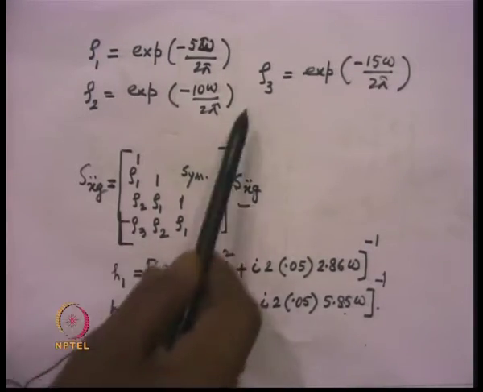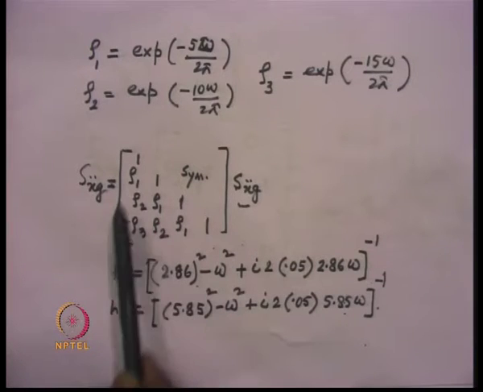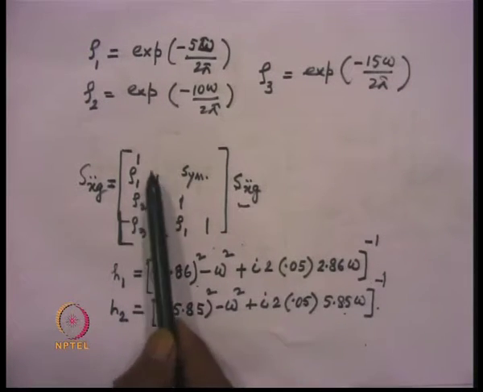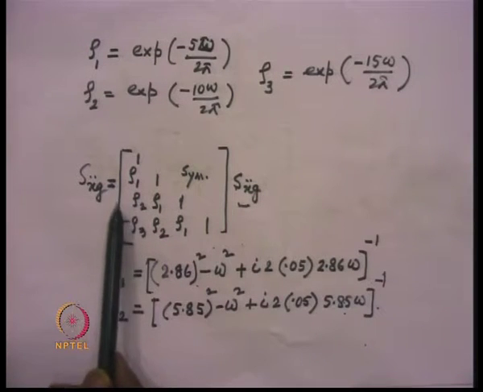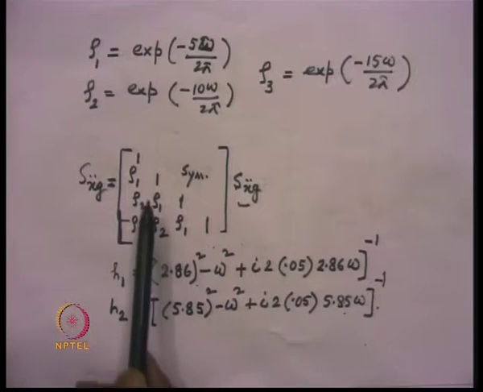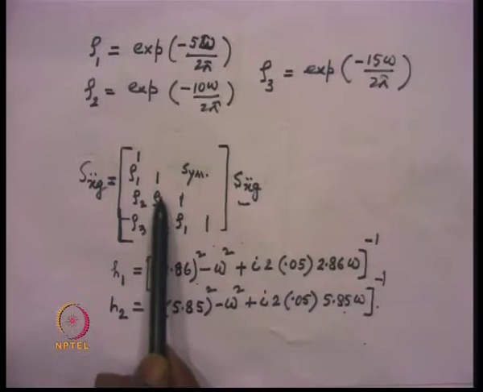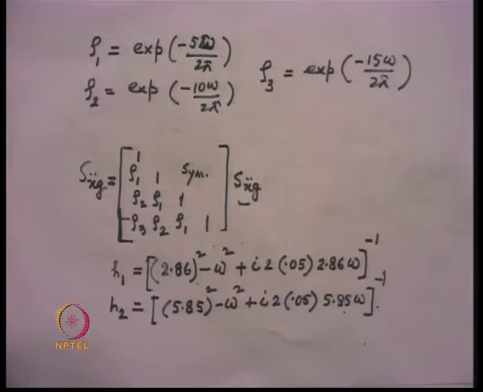Defining rho 1, rho 2, rho 3 in this particular fashion, one can write down the power spectral density function matrix for the excitation in this form, that is 1 by 1, rho 1, rho 2, rho 3, and so on, successively, because between 2 and 3 supports it will be rho 1 that comes into the picture.